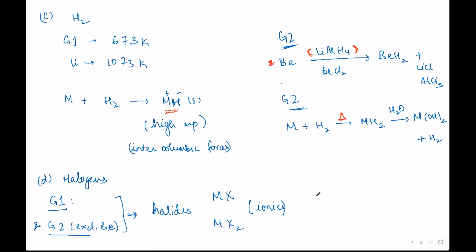But the special thing is that, depending on the size, lithium halide shows a lot of covalent properties. So lithium halides are somewhat covalent. Why do you think lithium halides are covalent? What is the reason for this?